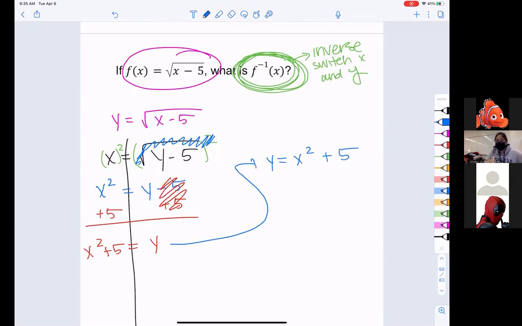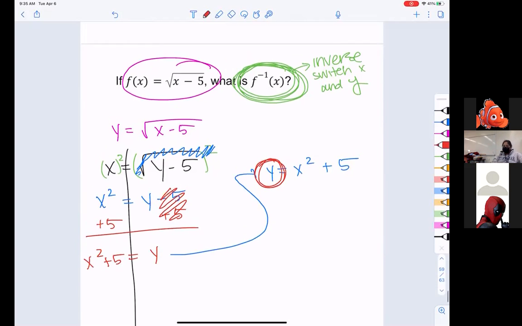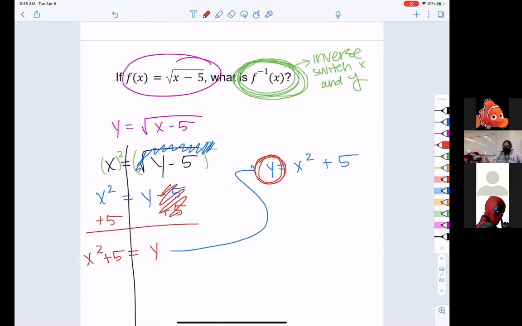Now, I'm going to do what I was supposed to do in the last one. What am I going to switch this y to? What am I going to write? It's what I was supposed to do last time, but I kind of forgot. What am I going to replace that y for? It starts with an F. It's in the question.